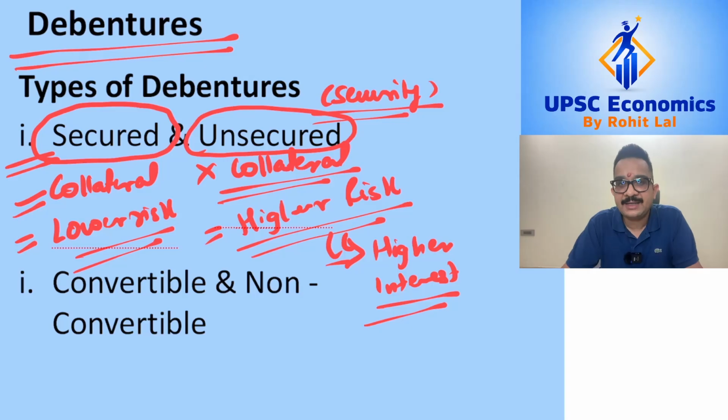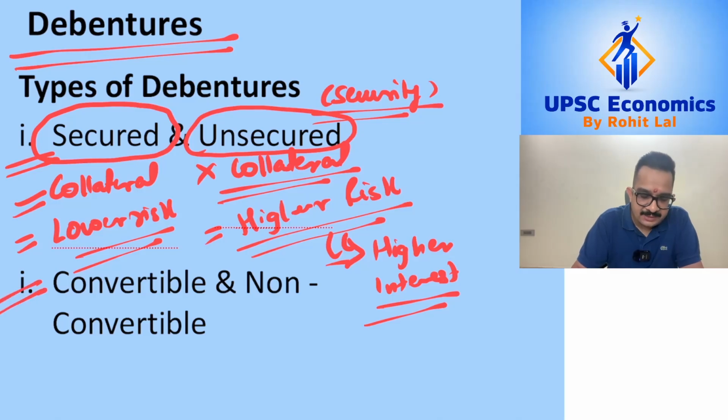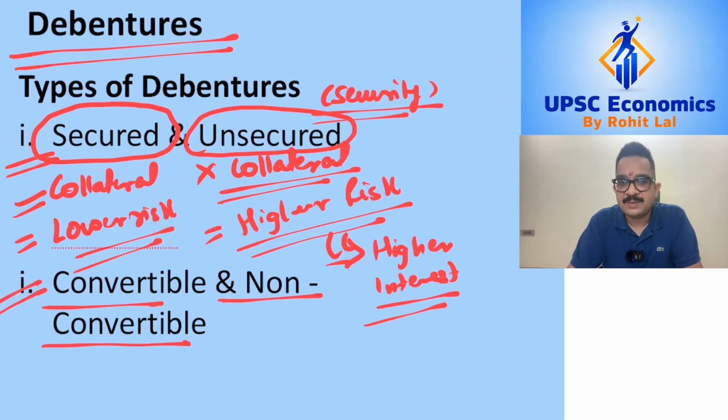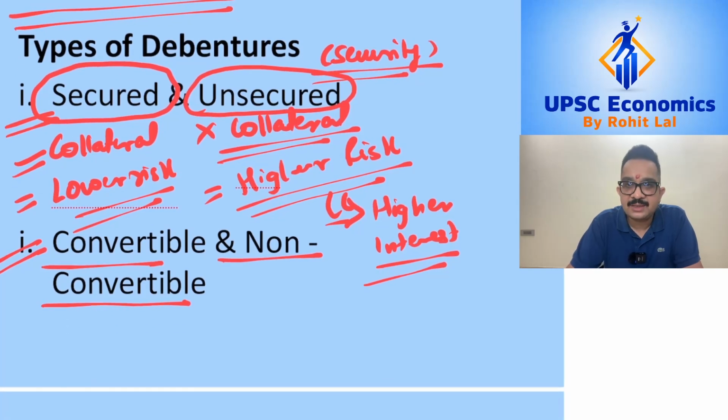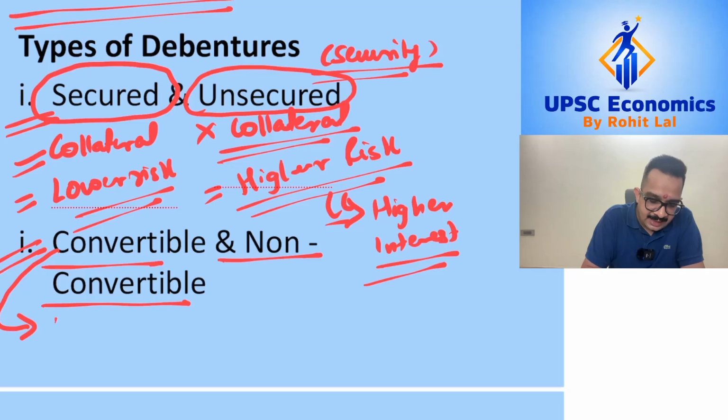The second way to categorize debentures is based on convertibility. Based on convertibility, you have convertible and non-convertible debentures. What does the word convertibility mean here? Convertible debentures are those debentures which, after a certain duration, can be converted into shares or equity of a company.